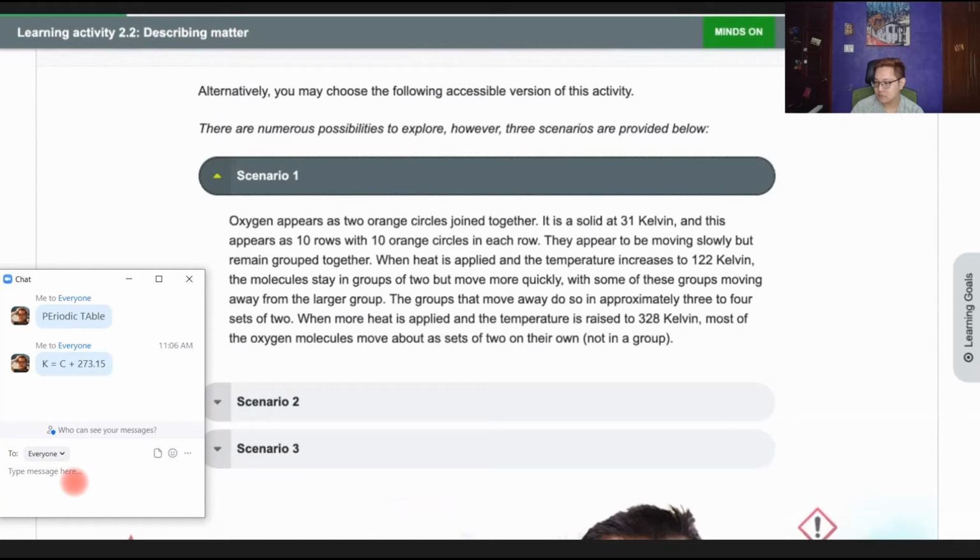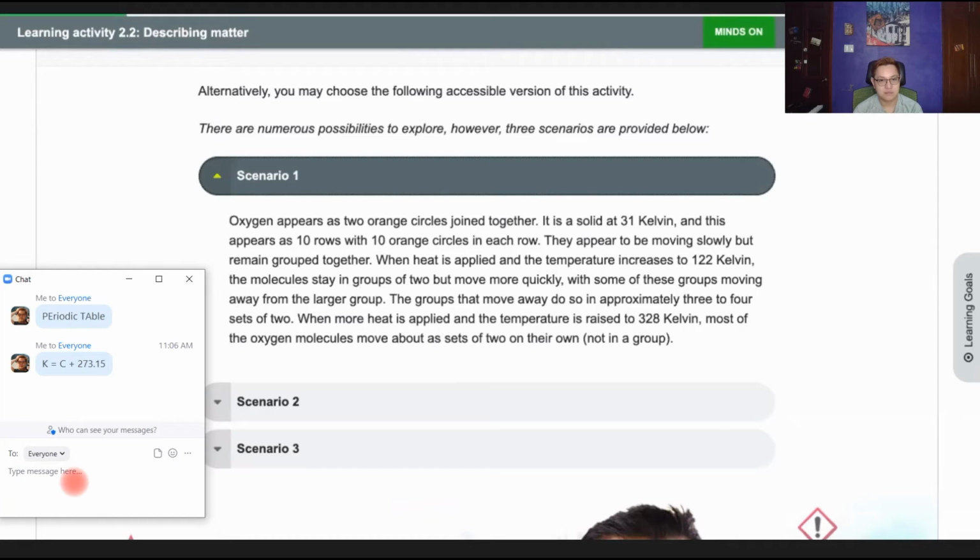It appears as 10 rows with 10 orange circles in each row. They appear to be moving slowly but remain together. When heat is applied and the temperature increases to 122 Kelvin, the molecules stay in groups of two but move more quickly, with more of these groups moving away from the largest group, approximately 3 to 4 sets of two.